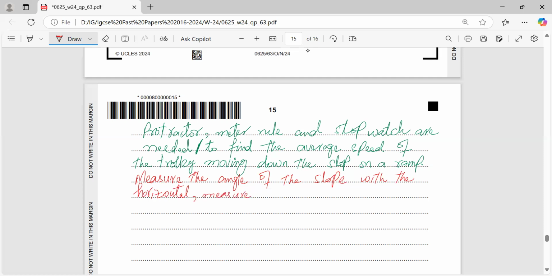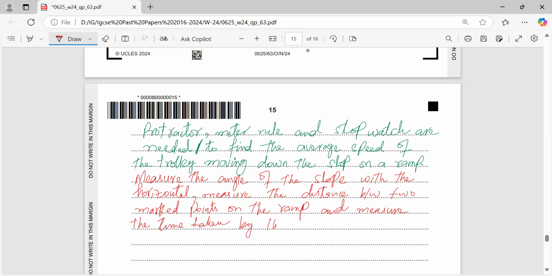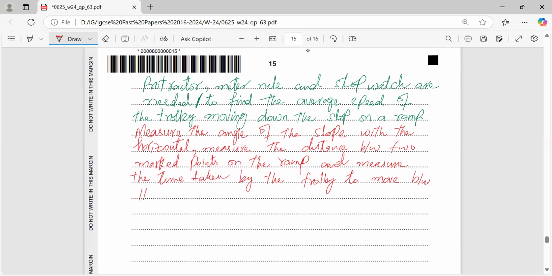Also measure the distance between two marked points on the ramp, and measure the time taken by the trolley to move between the marked points.